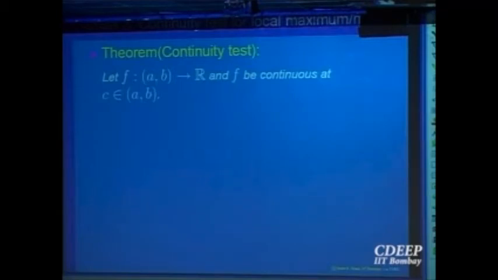How can we ensure that? Well, one way is that all the values of f of x in a neighborhood of c remain below f of c, right? So if a function is increasing on the left of c and decreasing on the right of c in a neighborhood, this property will ensure that f of x is always less than or equal to f of c in that neighborhood, right?